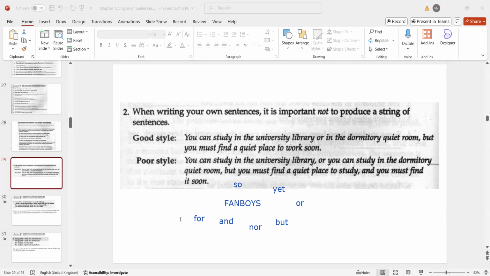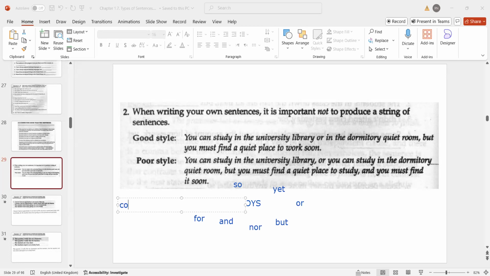So we said these coordinating conjunctions can join single words, prepositional phrases, verb phrases, dependent clauses, and independent clauses. Let's simplify it this way.